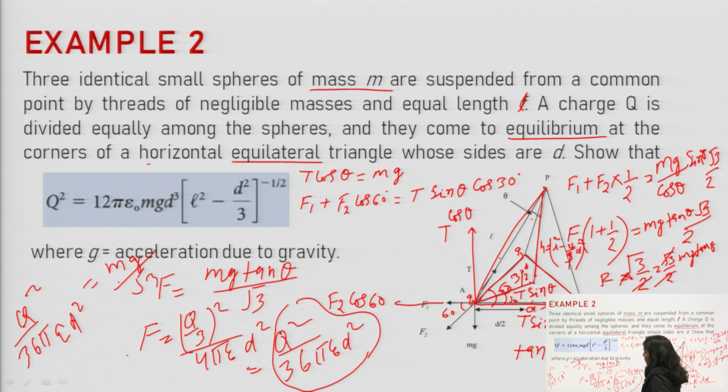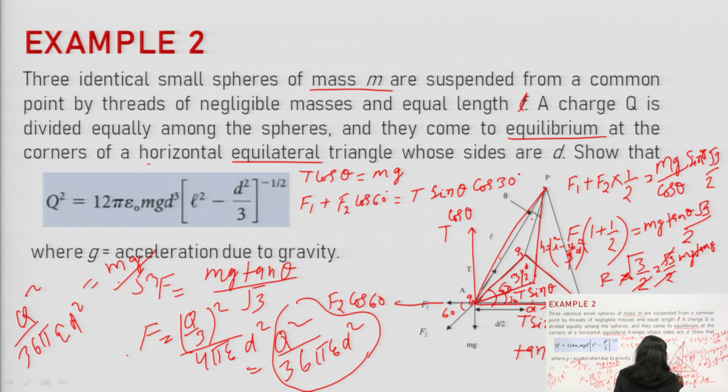After putting the value of tan theta, you will get the result. The main concept behind this is that first of all you need to understand the problem well. You need to write the problem on paper, because all the concepts will come only after seeing the diagram.